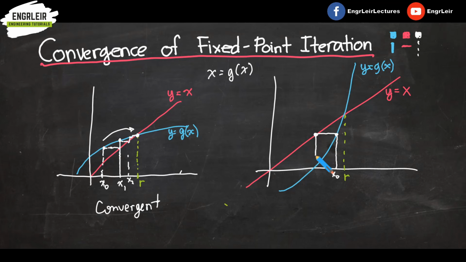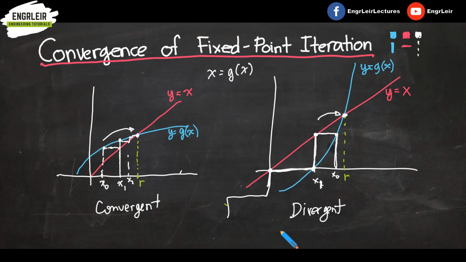And kung ano man yung value na yon, that will be my second or my first iteration na x. And then, sa-substitute mo siya g of x, kuha sa x, and so on. Kung mapapansin mo, yung motion niya, palayo doon sa root natin, which is the intersection of y equals x saka y equals gx. So, ito yung case kung saan nagiging divergent yung ating fixed point iteration.